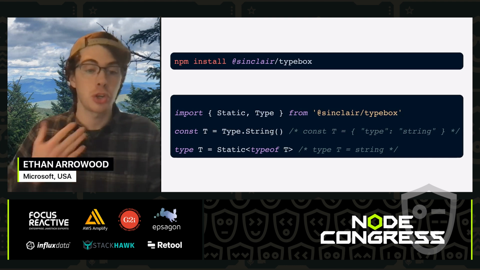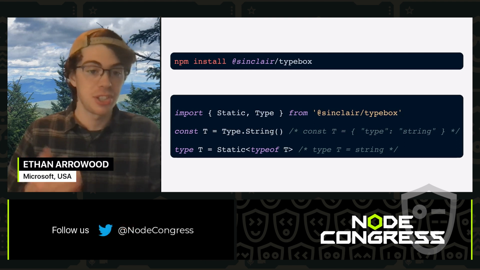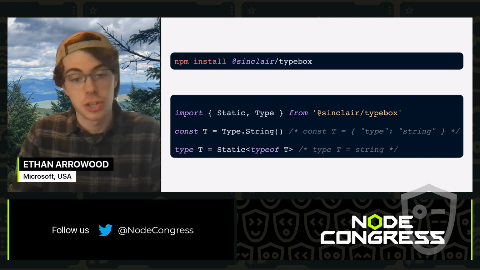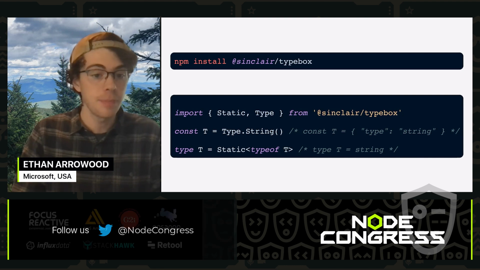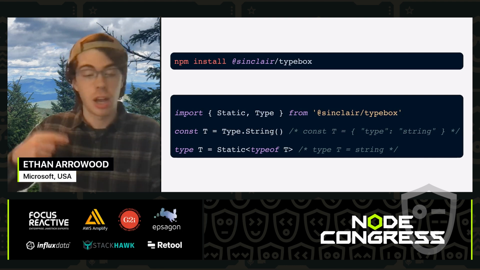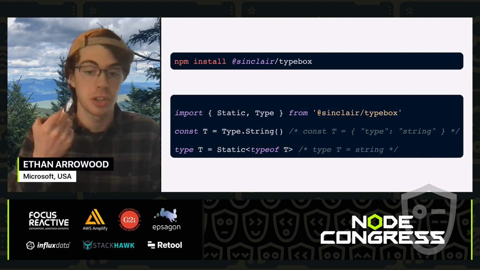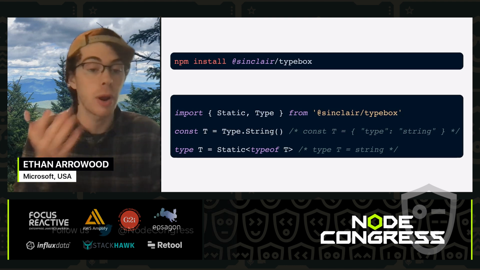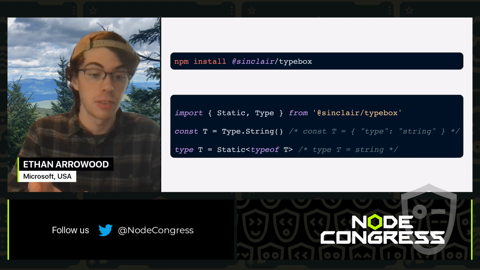That is going to return Type.String, an object with one property, type, that is set to string. This is a valid JSON schema object. We are saying that the variable t is the JSON schema type string. And we can use that JSON schema that is assigned to variable t anywhere that we would use JSON schema, in any sort of validation or serialization level.